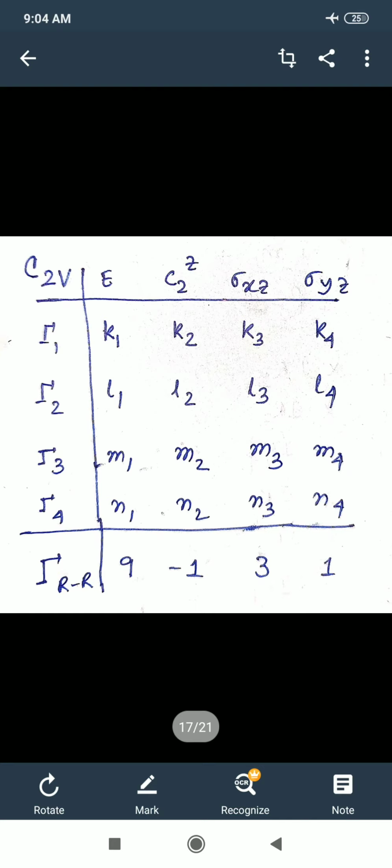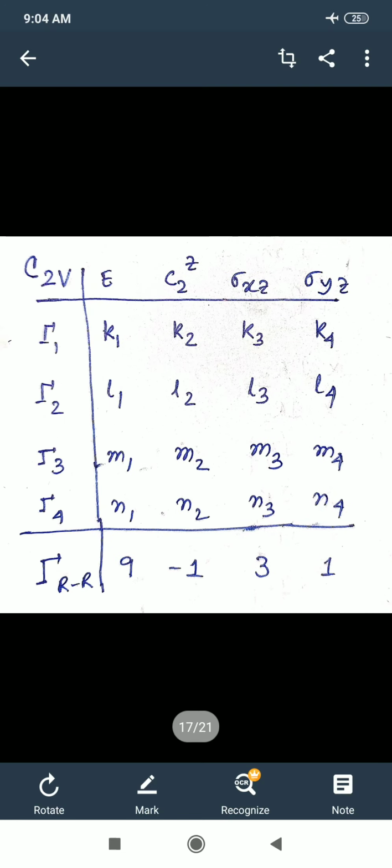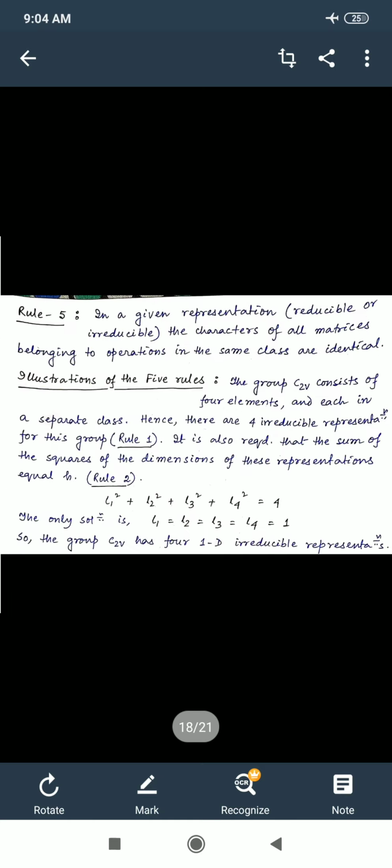So according to rule number 2, L1 square plus L2 square plus L3 square plus L4 square is equal to 4. I have written it on a different side, but it is the same thing: K1 square plus L1 square plus M1 square plus N1 square is equal to 4. So what is the only solution of this? All of these should be equal to 1.